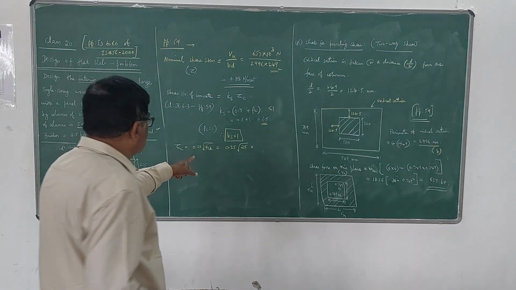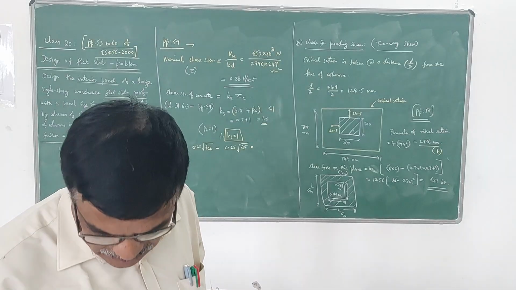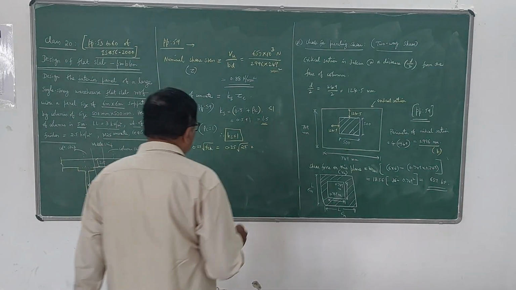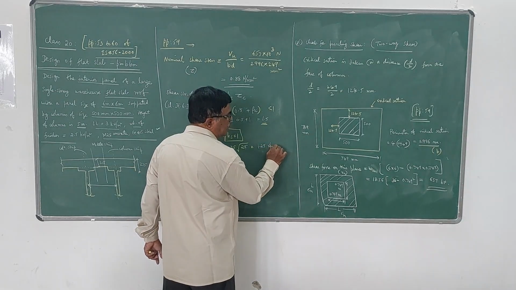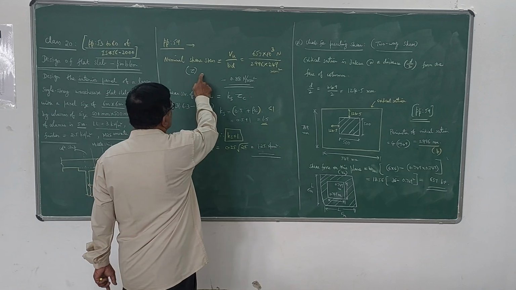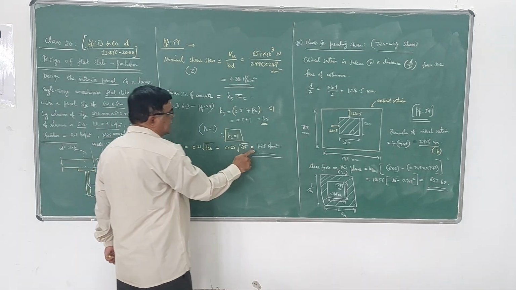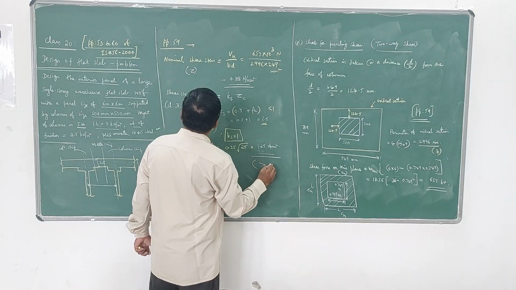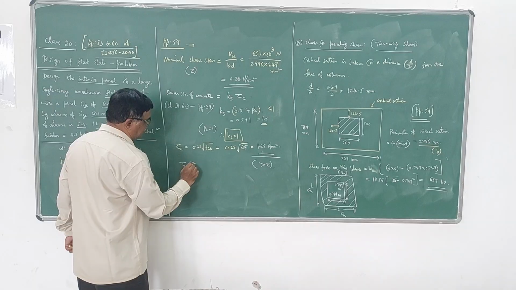So now this value is how much? 0.25 into root 25 is 1.25, right? 1.25 Newton per mm square. But the nominal shear stress is 0.88. Shear strength of concrete is greater than tau v.